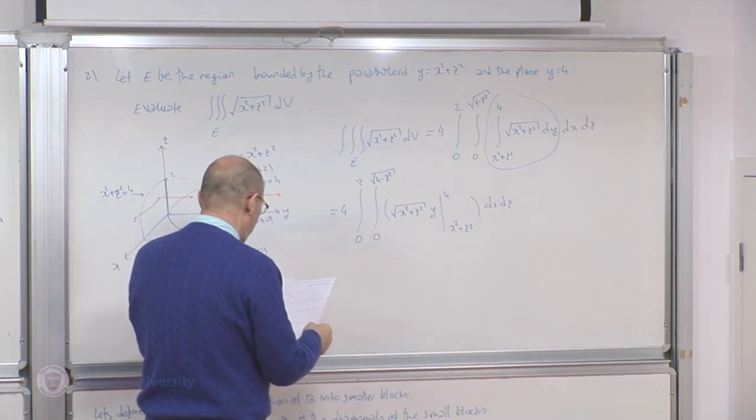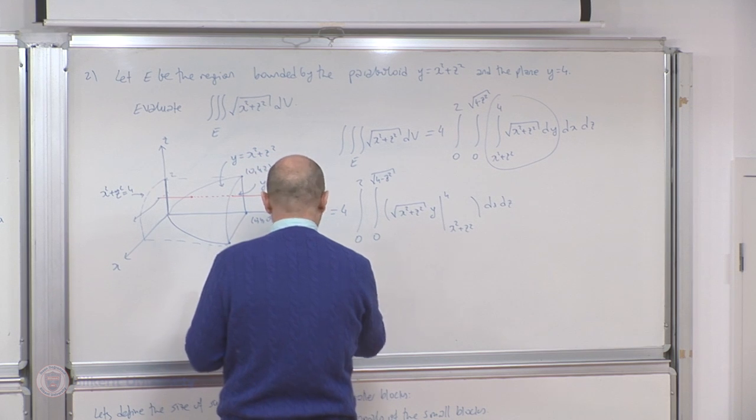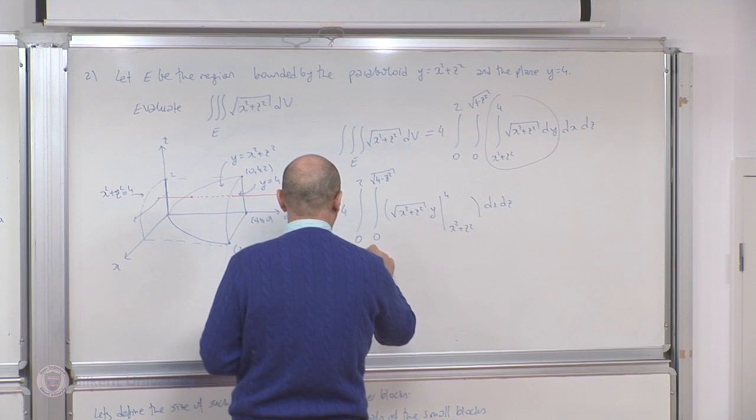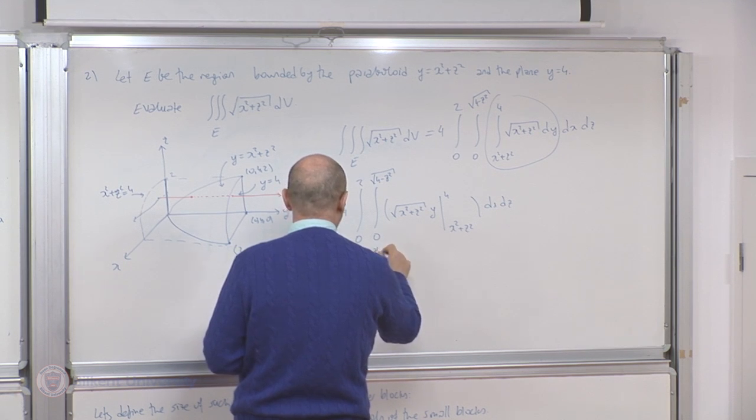So let me write one more step. So this is going to be, in our case, 4, 0 to 2, 0 to 4 minus z squared.